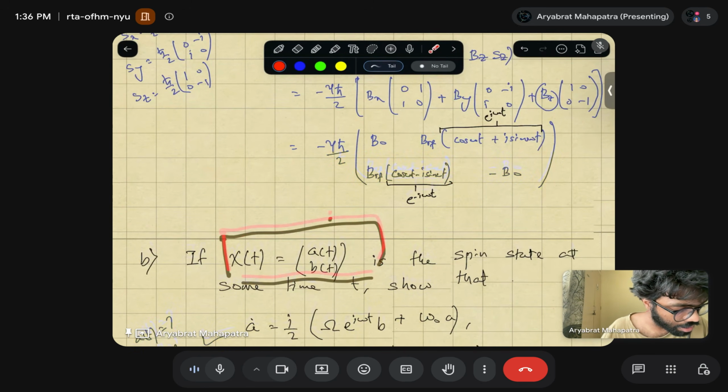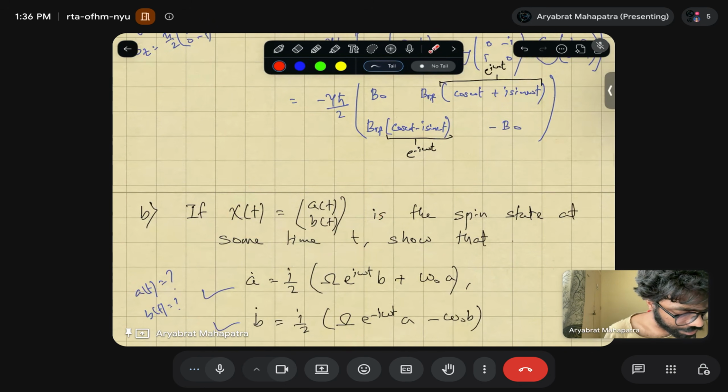So this is the state. If we say that this is the state with which it evolves under this Hamiltonian H, then how can we exactly know what A and B are?